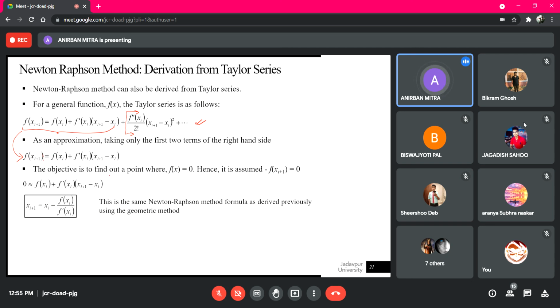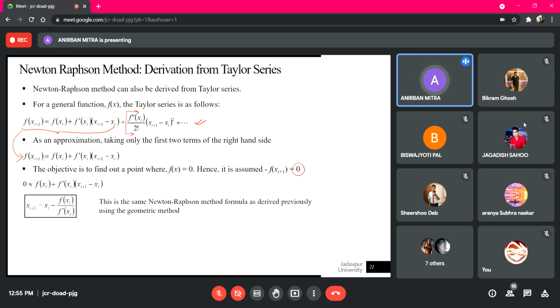The objective is to find the point where f of x is equal to 0. So for the current approximation, it can be assumed that f of xi plus 1 should be equal to 0. That is the assumption, because we are trying to find the root of the equation.